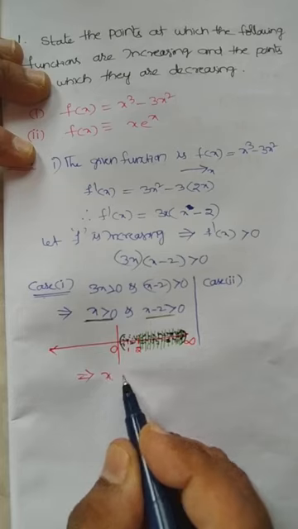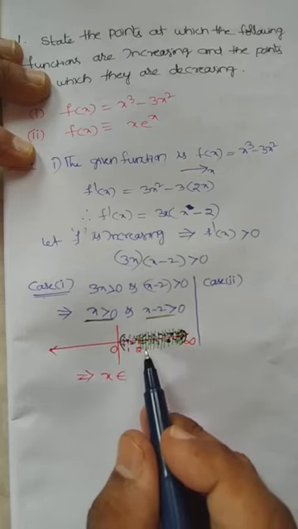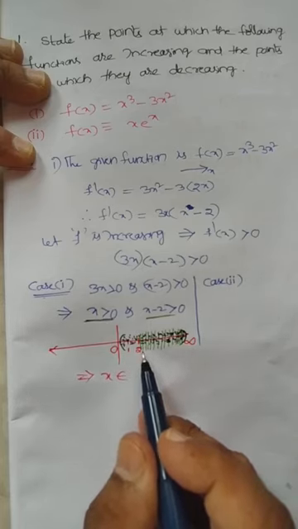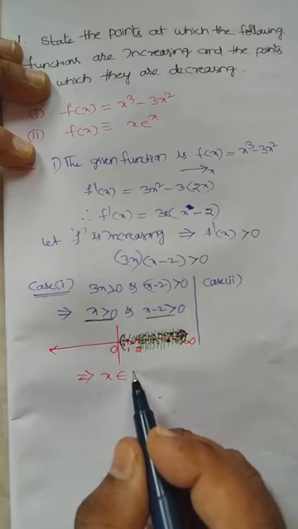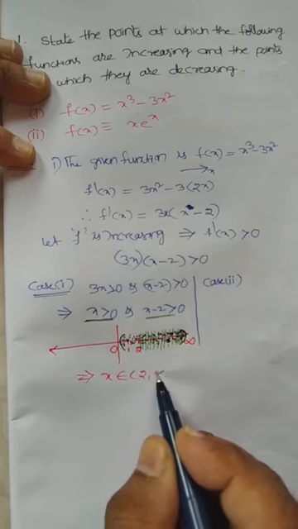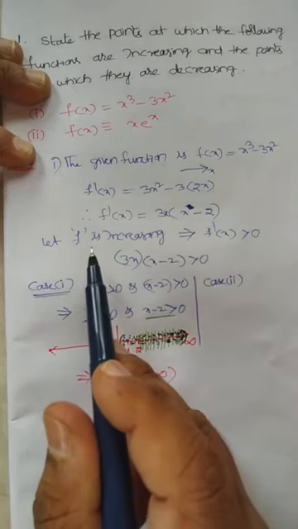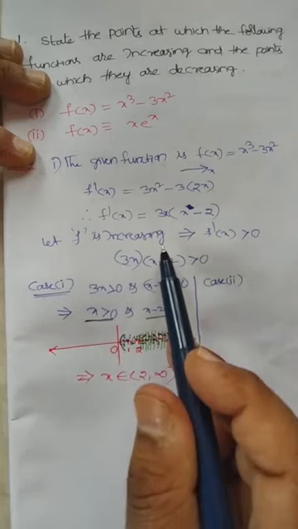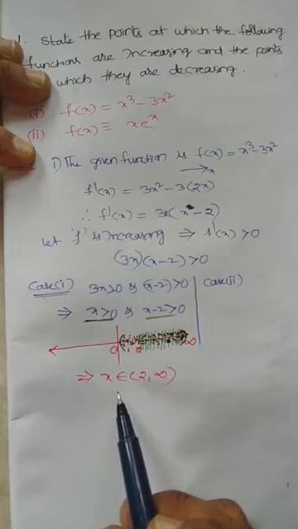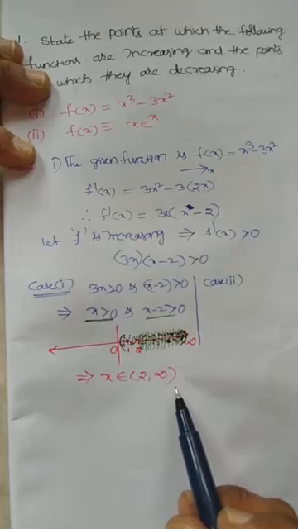In this case, x belongs to the intersection of the black dotted line and the green line, which is 2 to infinity. Whenever f is an increasing function, x must be between 2 and infinity.